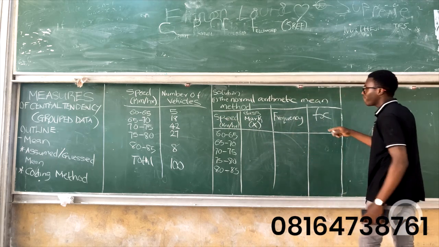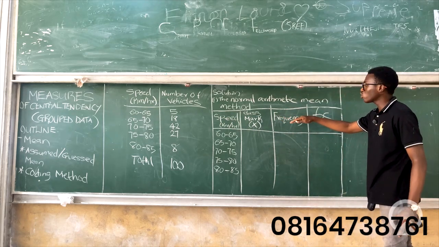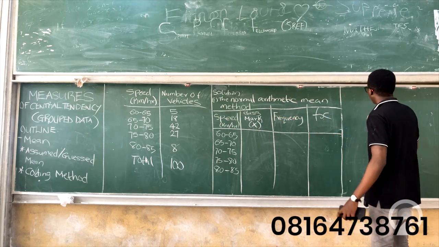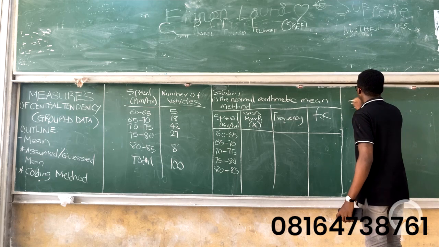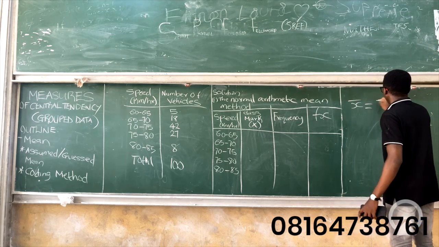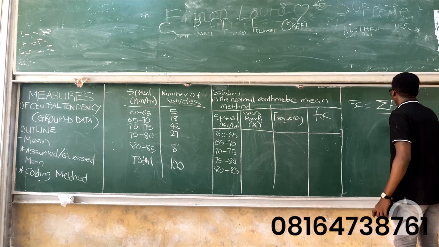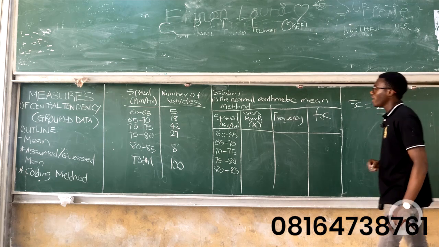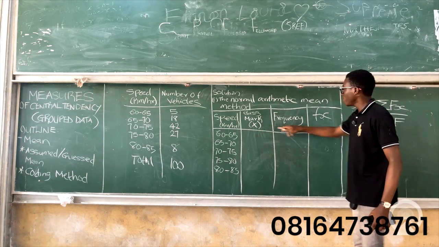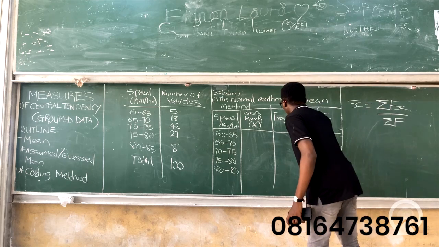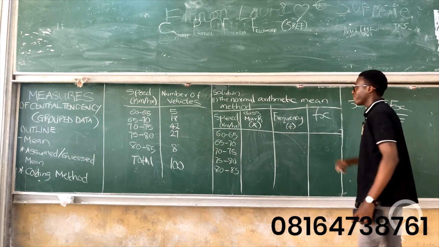For a grouped data, which is also a frequency distribution, the formula for arithmetic mean is equal to summation fx all over summation f. Hence, the x, the frequency, which is f, and the fx.